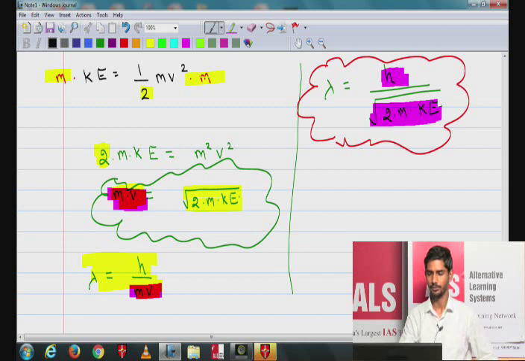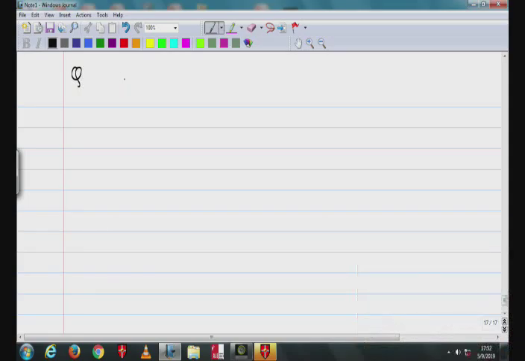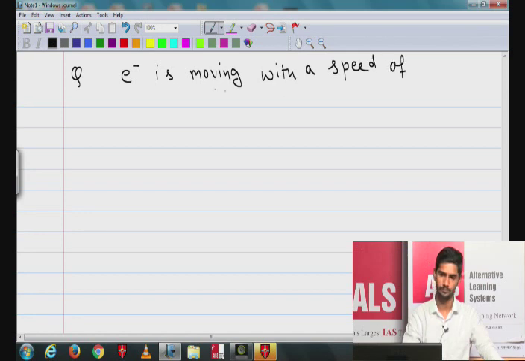Okay, so let's write down a question. An electron is moving with a speed of 4 into 10 to the power 10 meter per second.